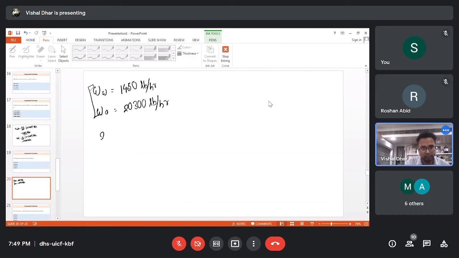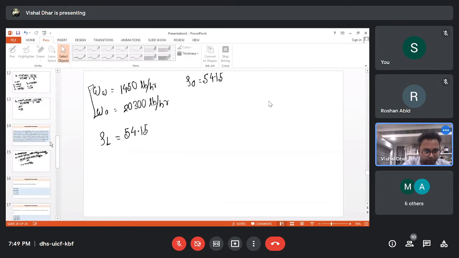For that, the density of oil is 54.15. What was the unit? lb per feet cube, I guess.